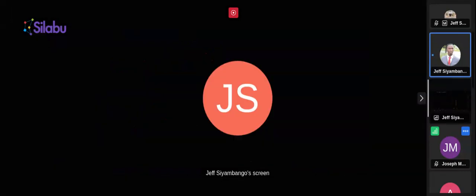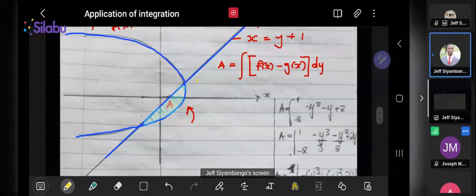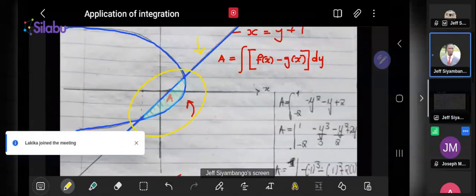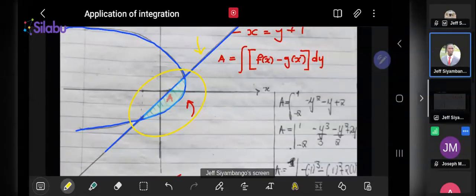Because if you start with the function that is on top, or the one that comes first, and then the other function comes later, most likely your result will be negative. And if it is negative, you're looking for area, which is a scalar quantity, you just state it as a positive thing.